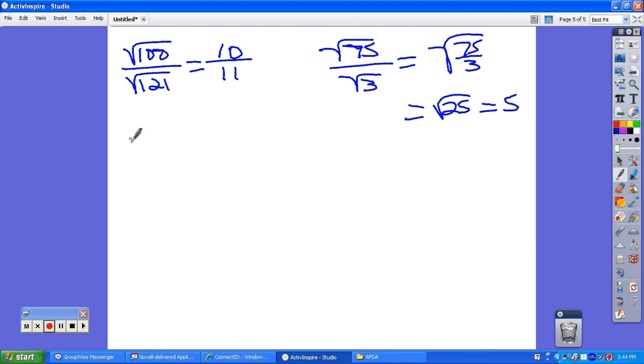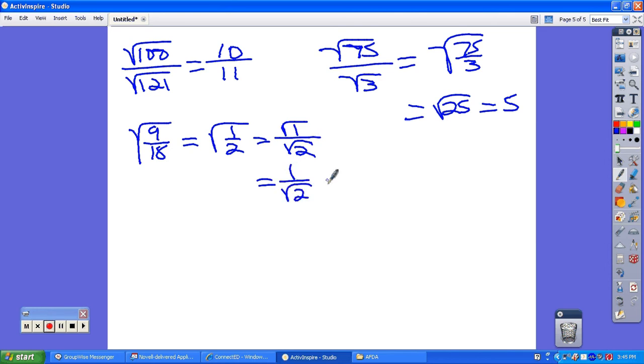Let's look at this one over 18. Well, now we all know this reduces down to 1/2. So let's do the square root of 1 over the square root of 2. Now we all know that 1 is a perfect everything. So the square root of 1 is 1 over the square root of 2. Now we have to do what we call rationalizing the denominator.